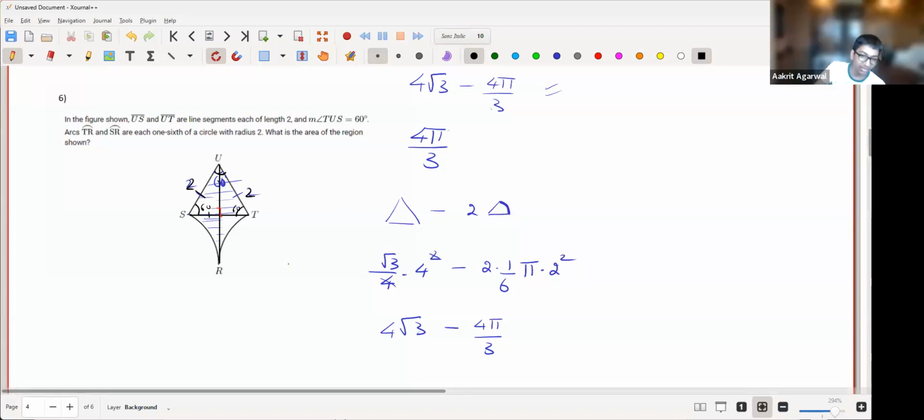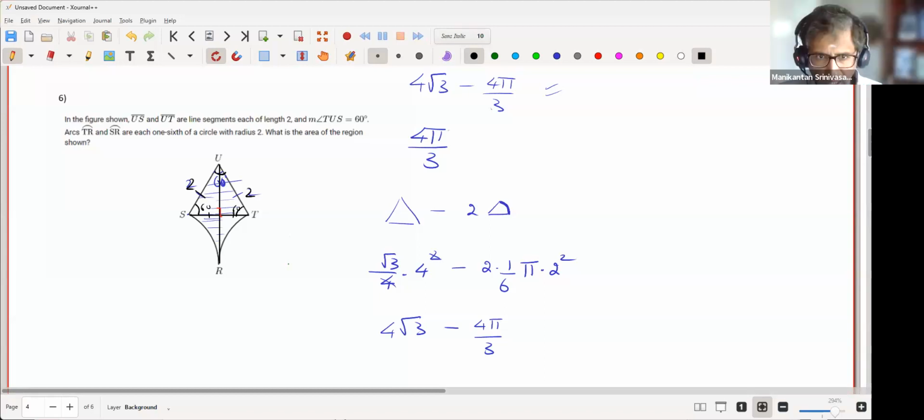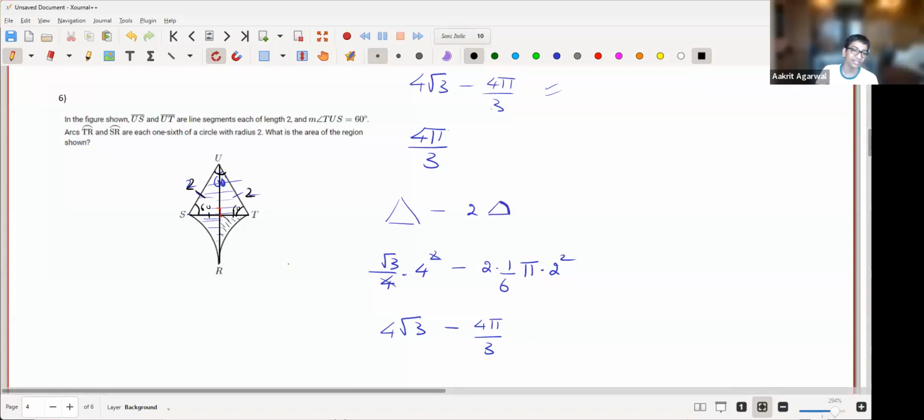Then I found out that was unnecessary, and then I found both the side lengths because it was 60 degrees, and the bottom two radii are 2, and since it's equilateral, even the other sides are 4, and then I just subtracted like that. Okay, I didn't fully understand your method. So you have the upper triangle, and then how do you find the shaded area? Same thing, I did a little unnecessary stuff in the middle.